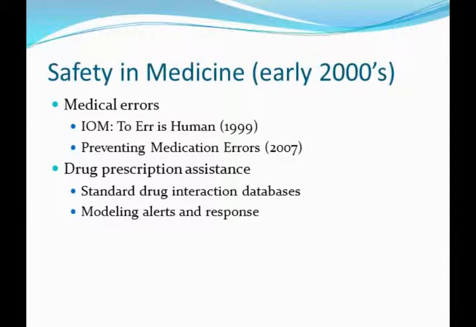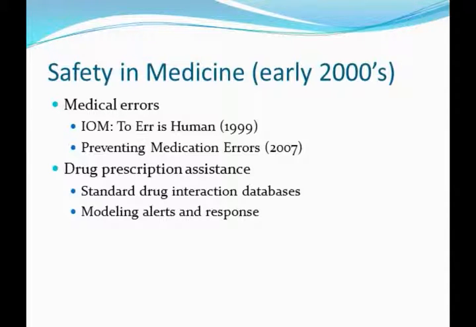Then, in the early 2000s, based on the report that I talked about earlier from the Institute of Medicine, To Err Is Human, and then the later report from the same group in 2007 on a specific type of errors, medication errors, medical errors became a big focus in medicine, and the first place that informatics really had an influence was on drug prescription assistance.